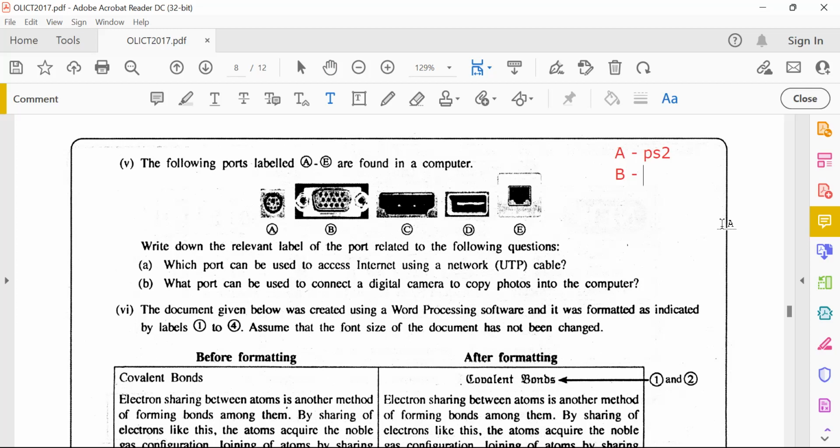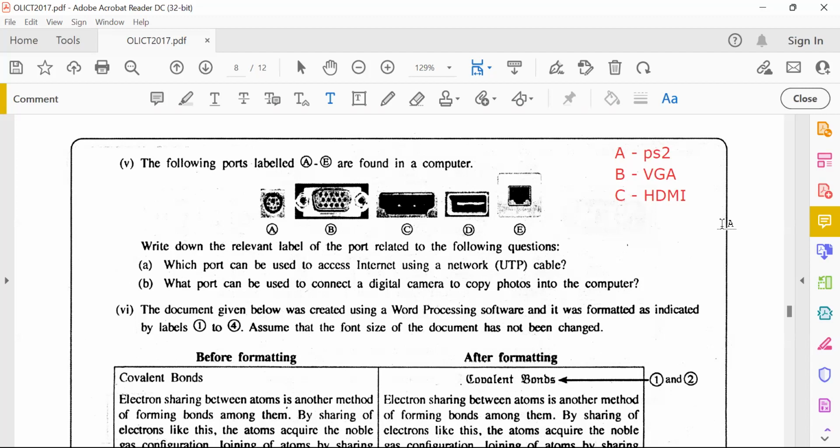Hurry up now. You should know these things. This is grade 10. Port number 2, B is, yes, should be VGA. Port number C, yes, HDMI.